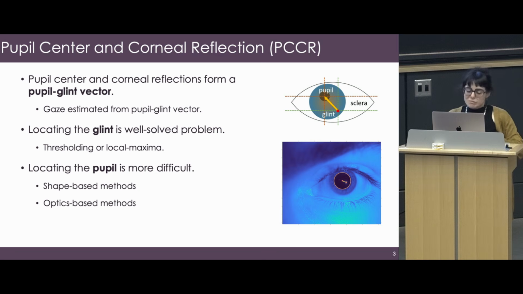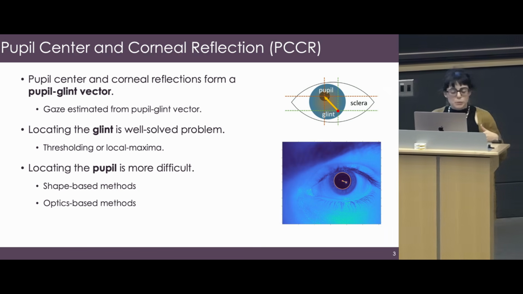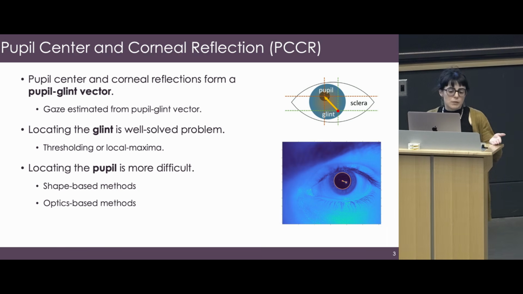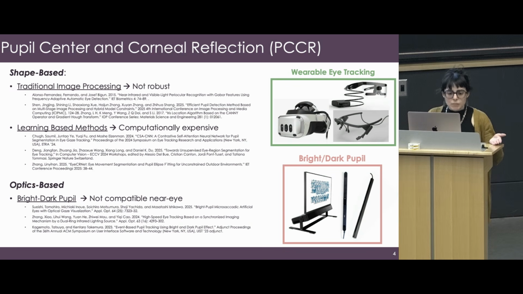Locating the glint is a well-solved problem. You can either do it with thresholding or local maxima. However, finding the pupil is a bit more difficult. You can split up the two main methods of pupil detection into shape-based methods or optics-based methods. These methods are well studied, but they do each have their own limitations.